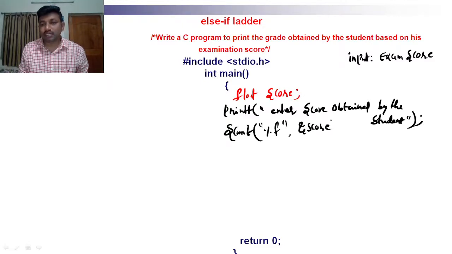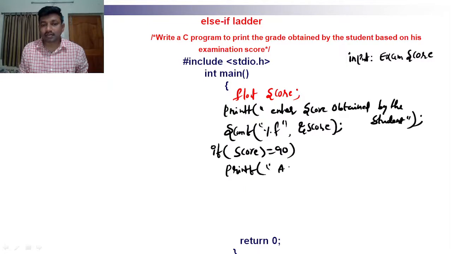So you can start now writing the if statement. If score is greater than or equal to 90, simply we say printf his grade is A grade. Printf A grade. Right? Fine.